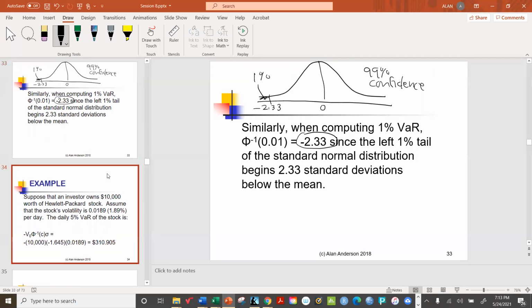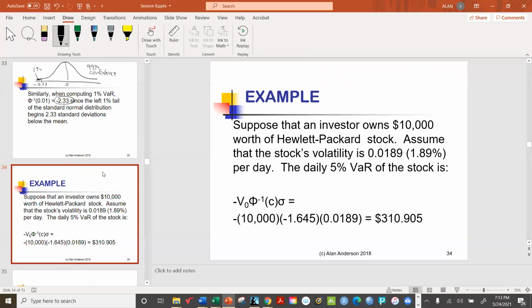All right. Now, having said all that, here's an investor who owns $10,000 worth of Hewlett-Packard stock. The volatility on a daily basis is 1.89%, and they did this by looking at historical data and calculating the sample standard deviation over that period, which turned out to be 1.89%.